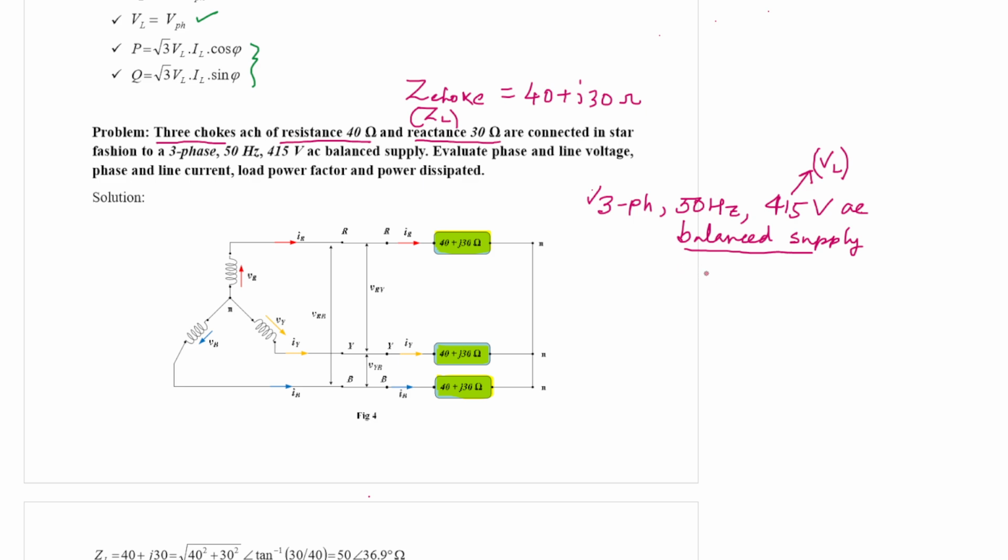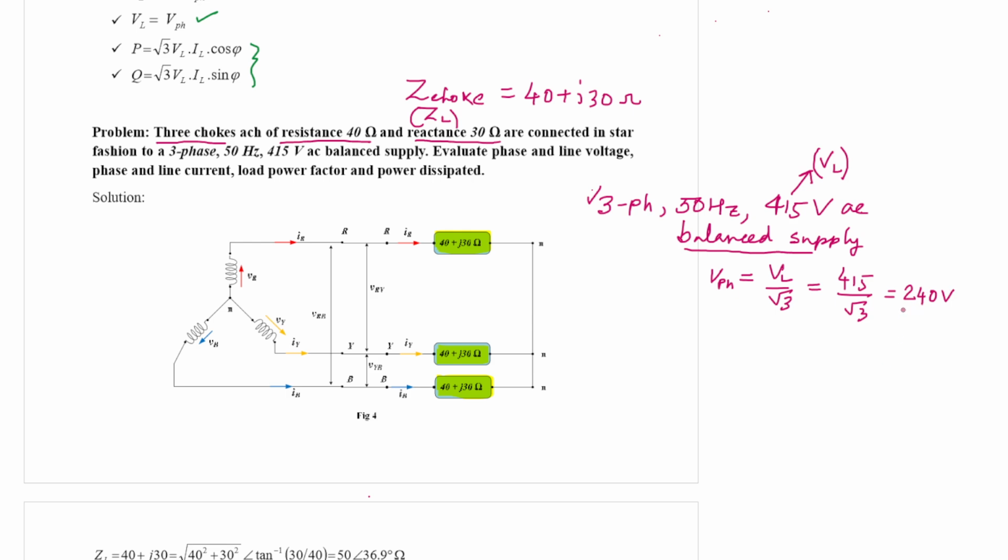The reason being, from the relation of star connection, phase voltage is equal to line voltage by root 3. So if you do that, 415 by root 3, it is approximately equal to 240 volt.